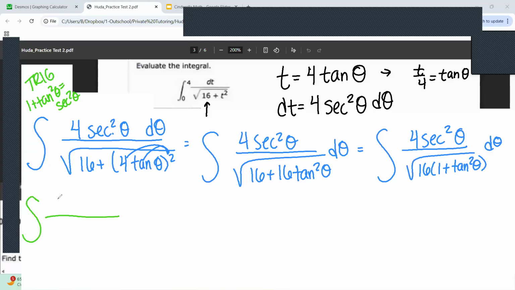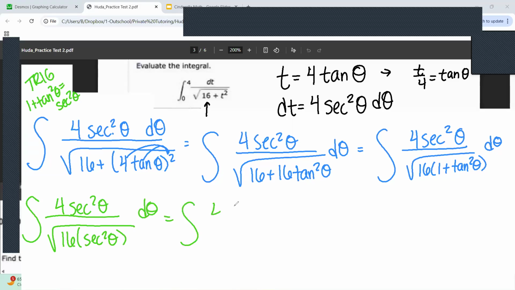So this is now. Top is still fine. Root would be 16 secant squared. Okay, but what is the root of 16 is 4, and the root of secant squared would just be secant. Okay, 4's would cancel.